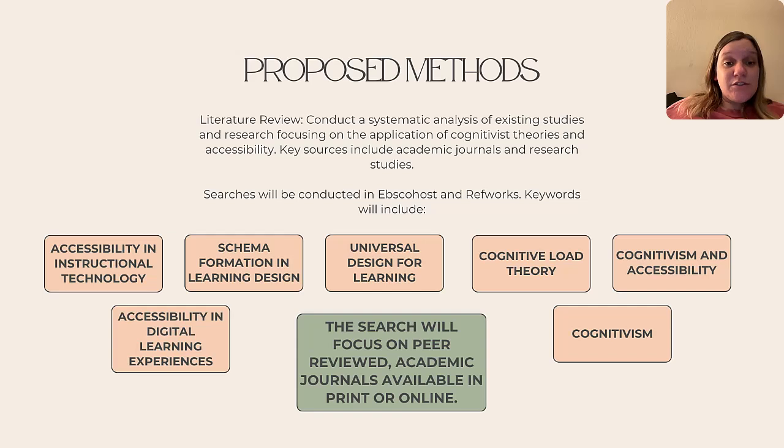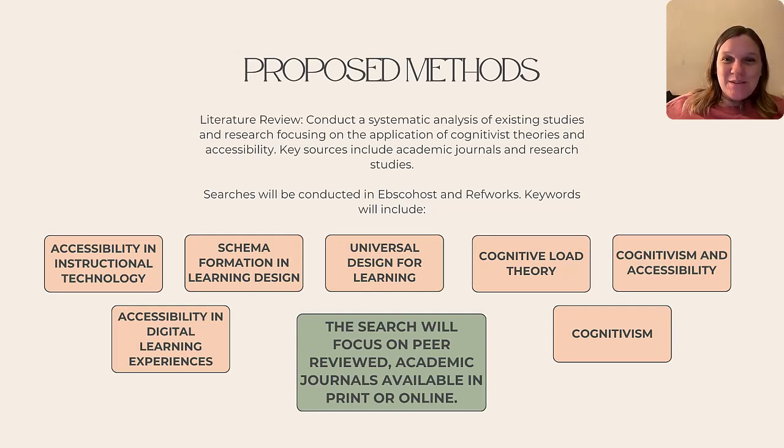The searches will be conducted in EBSCOhost via the University of Alabama Scout search engine, and RefWorks, which is where I have compiled articles from academic journals throughout my time as a student.